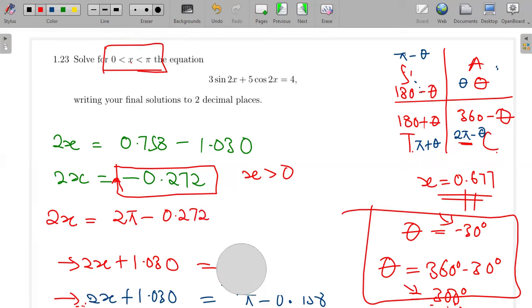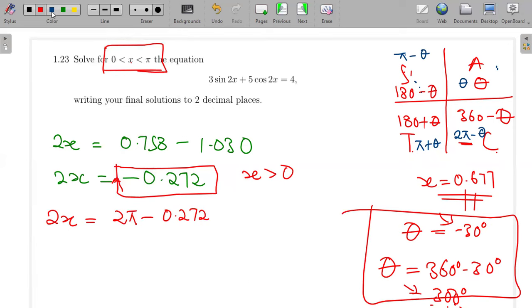And then from there, what do we get? We get a positive value here. So 2 pi minus 0.272, I'm getting 2.87. Then I divide both sides by 2, I get x will be equals to, as a positive value, 1.43.